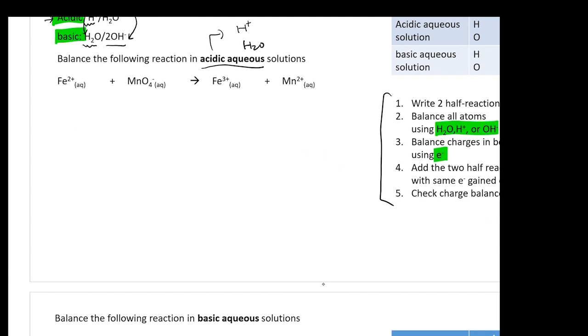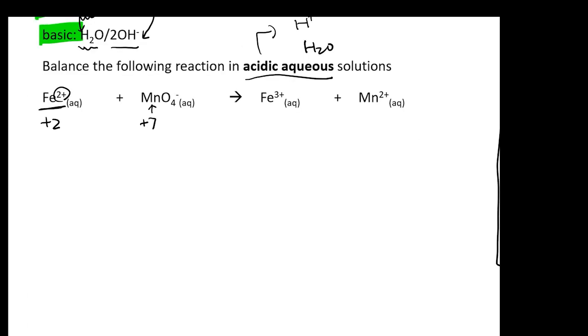So here you should see that Fe is 2+. MnO4-, that means your Mn is +7. Once you form the product, your Fe now becomes +3. And then Mn2+ will be just 2+.